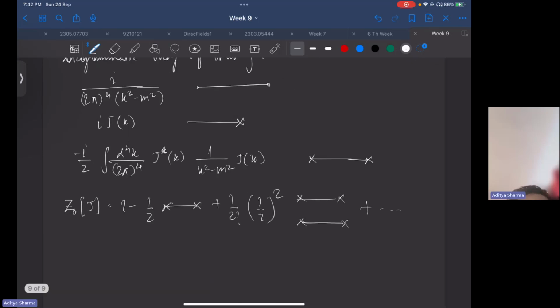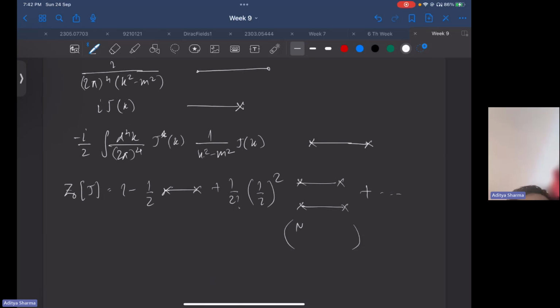So we don't have a cross term here, no terms of this kind, because it's not an interacting field.